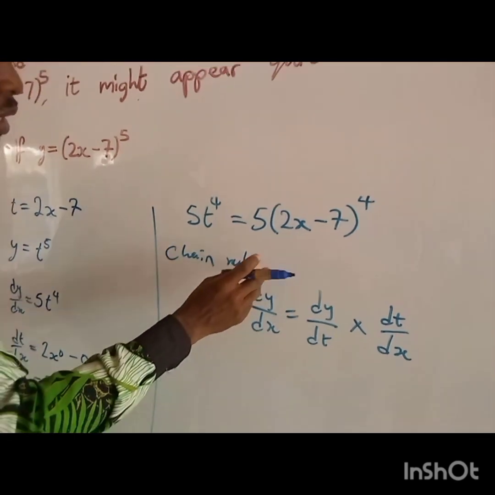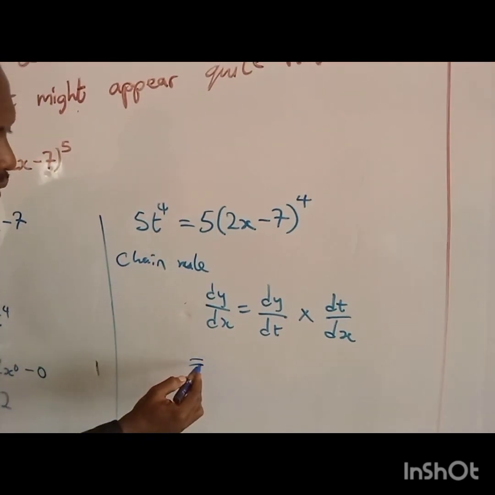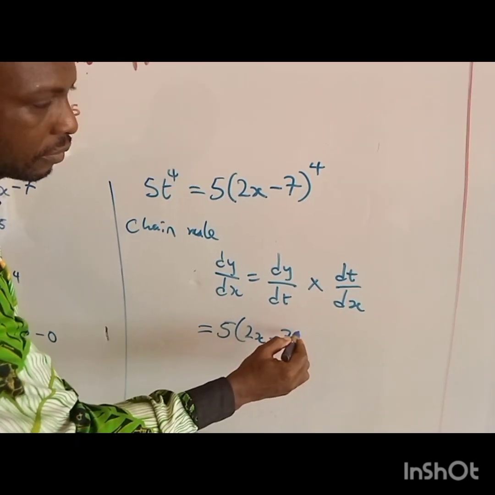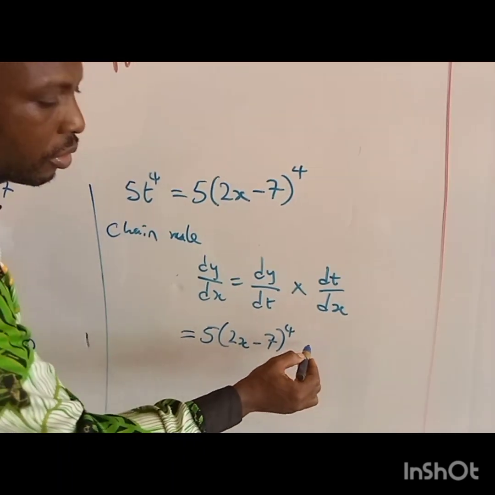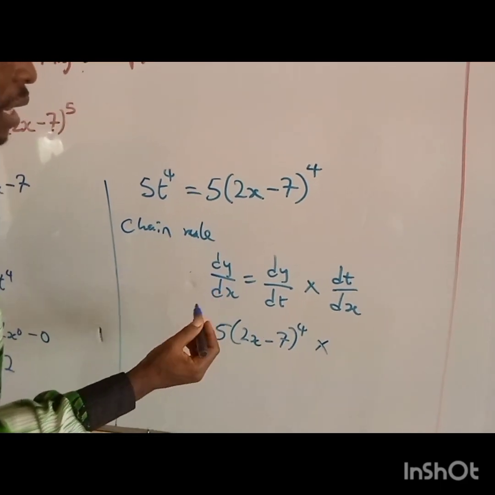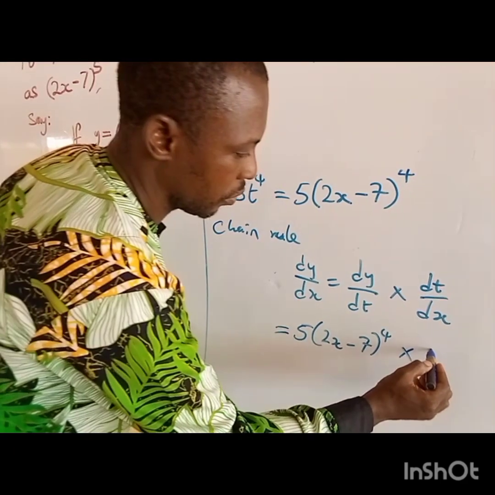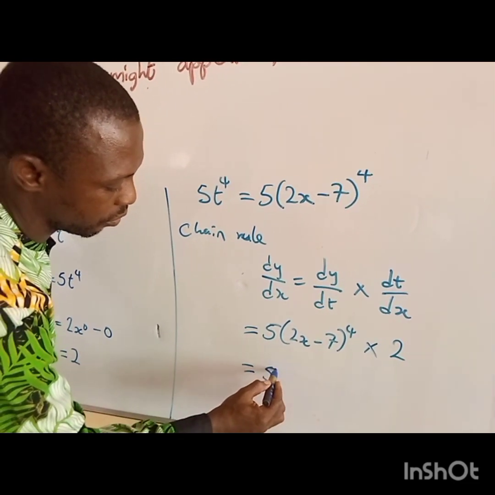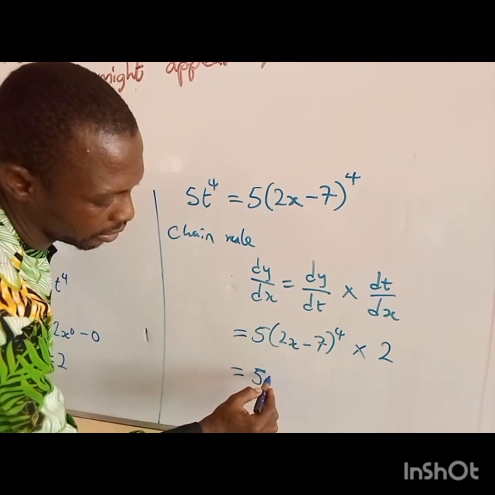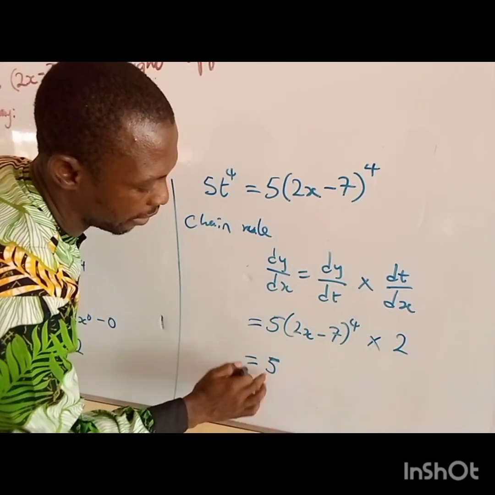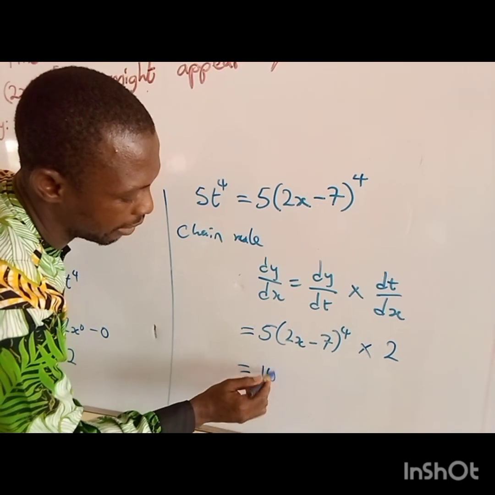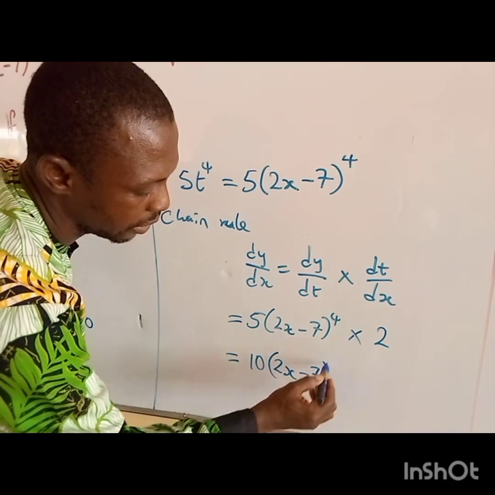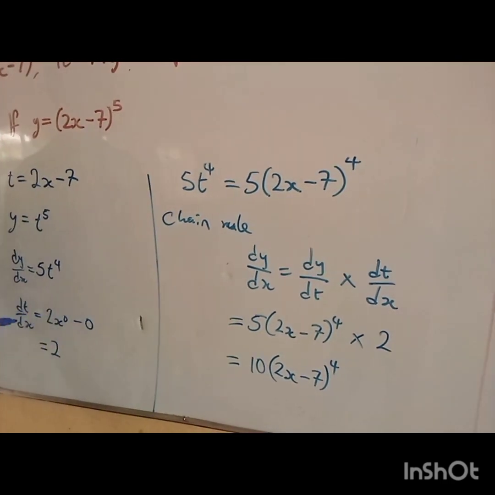Now this means that (2x - 7) raised to the power 4 will be multiplied by 2. At the end of the day, 2 times 5 will give us 10. So we'll now have 10 open bracket 2x - 7 raised to the power 4 as our result.